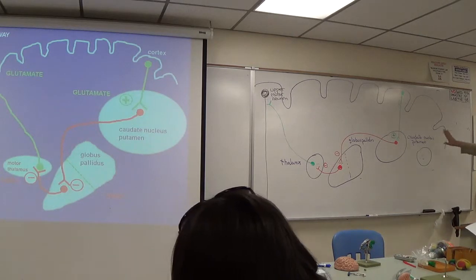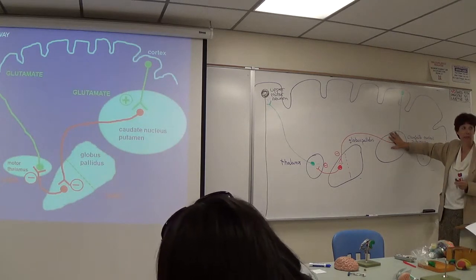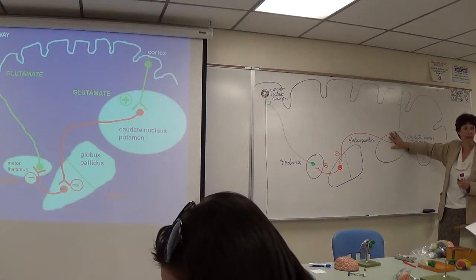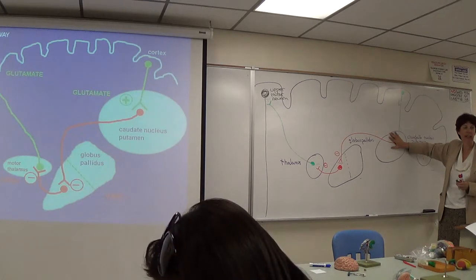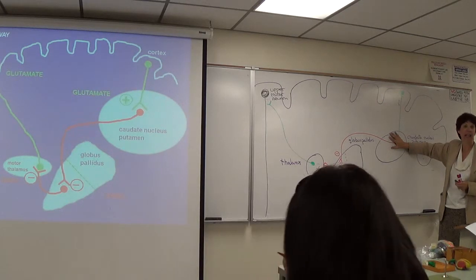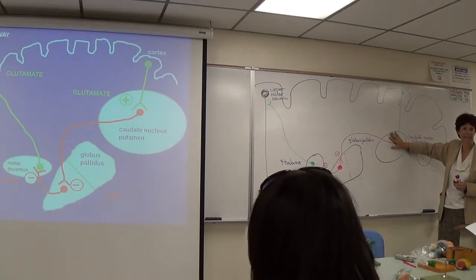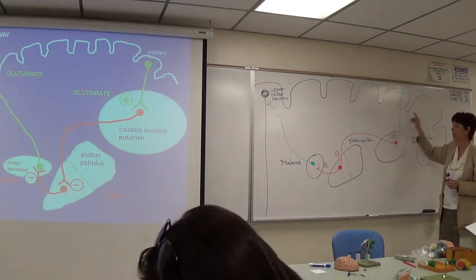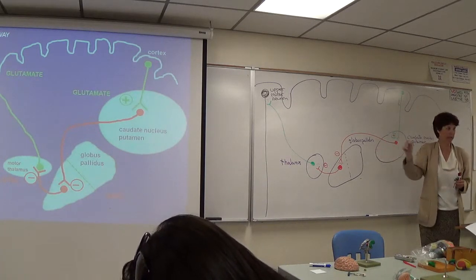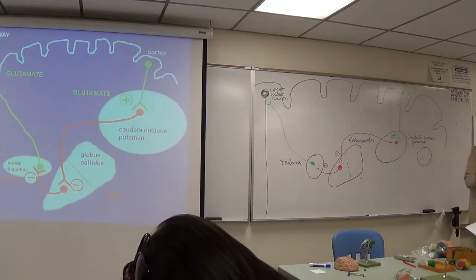If this system doesn't work, will my upper motor neuron be more likely to fire or less likely to fire? Less likely. That's the essence of Parkinson's disease. Okay? So this is called the direct pathway. It activates.